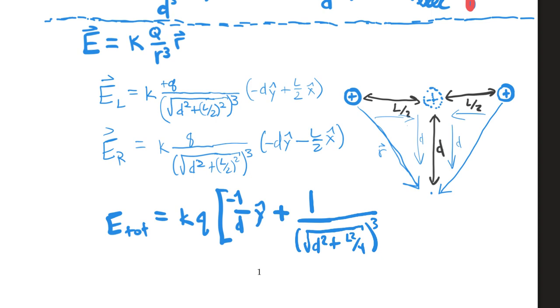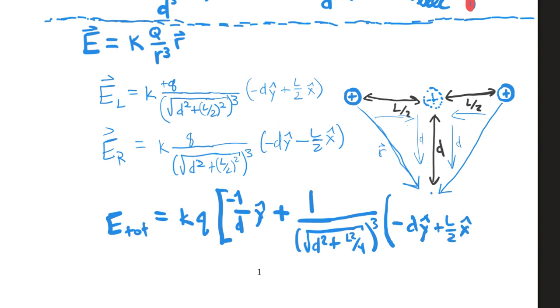Okay, and then this is actually times both of these terms. So now I'm just adding this vector and this vector, which are both multiplied by this denominator, the same denominator, k and q, because they both have k and q. So we have minus d y hat from the left charge plus L over 2 x hat.